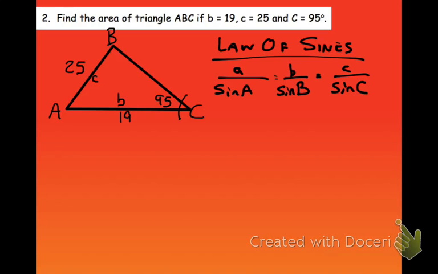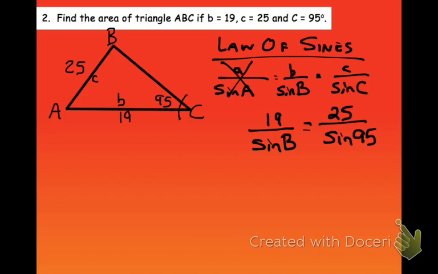Well, we don't know lowercase a, we don't know capital A, so that's out. We know lowercase b is 19. We don't know angle B, so that's sine B. And we know c is 25, and angle C is 95.